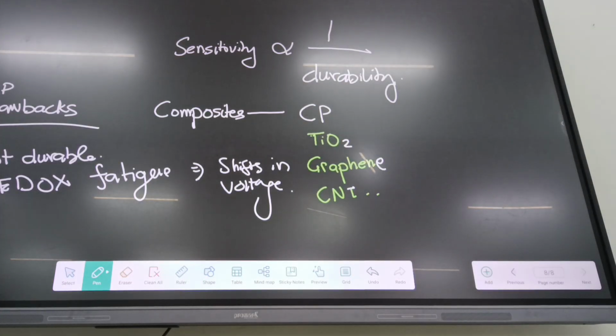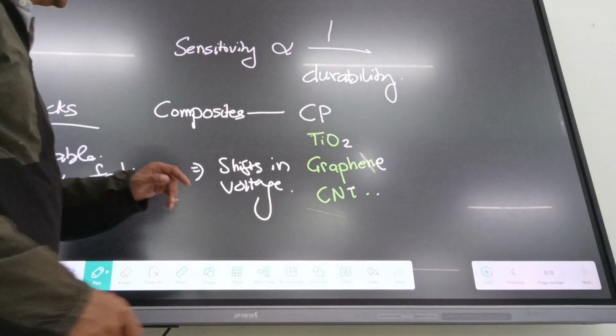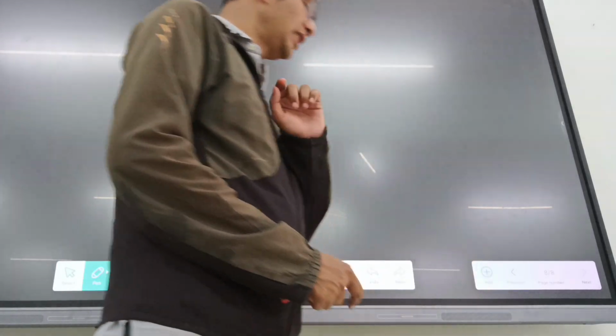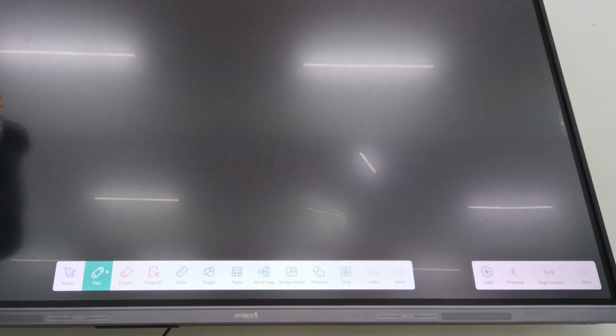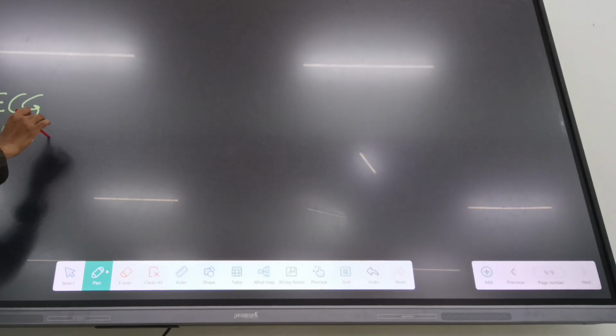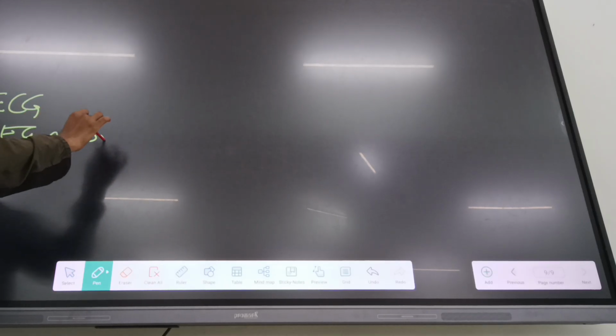Also, in terms of the applicability of conducting polymers, they are used in ECG and EEG, the brain waves.